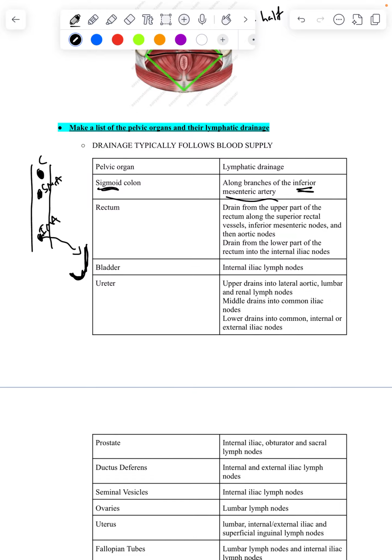When you think of the common iliac artery coming off your abdominal aorta, we have left and right common iliac, and then that becomes external iliac and internal iliac. We said the internal iliac does the genital stuff and all the stuff in your pelvis. So when we're talking about bladder, we're talking about internal iliac.